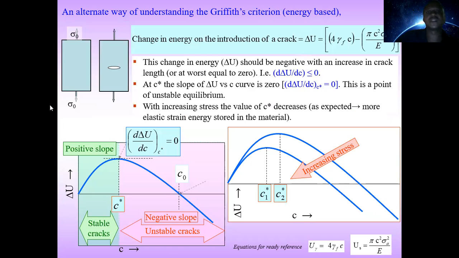An alternative way of understanding the Griffith criteria, that is the energy-based criteria, is here: σ_0, the far field stress.